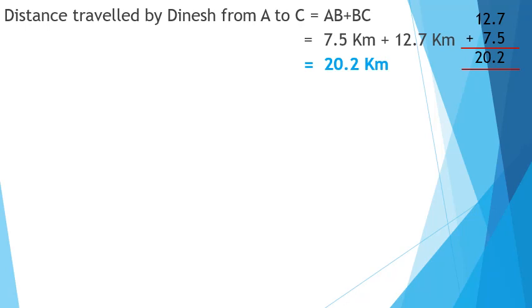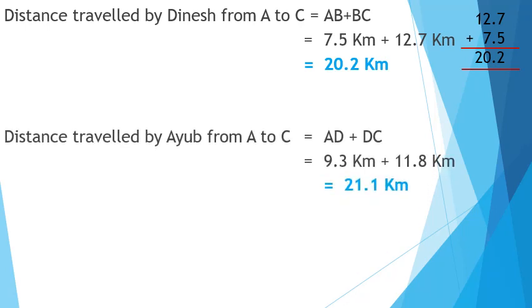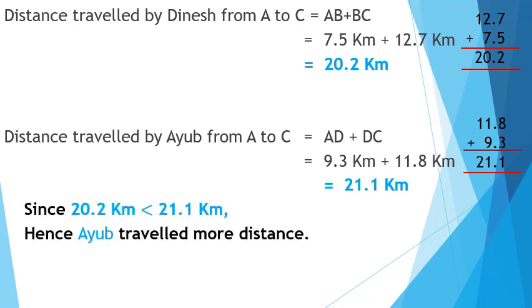Similarly, we can find the distance traveled by Ayub from A to C. That gives AD plus DC equal to 9.3 kilometer plus 11.8 kilometer equal to 21.1 kilometer. Since 20.2 kilometer is less than 21.1 kilometer, hence Ayub traveled more distance.